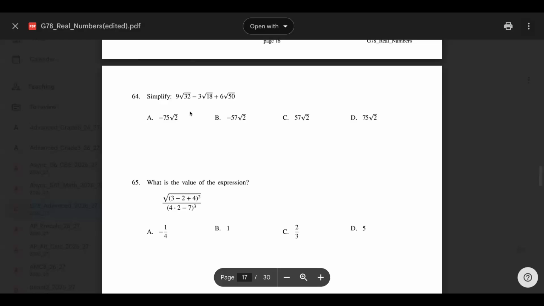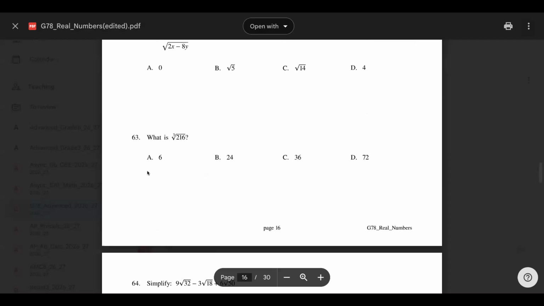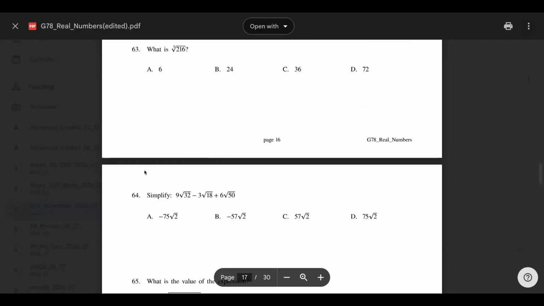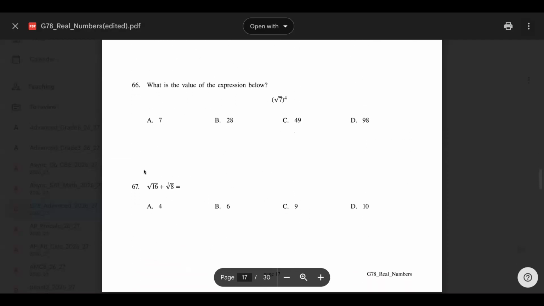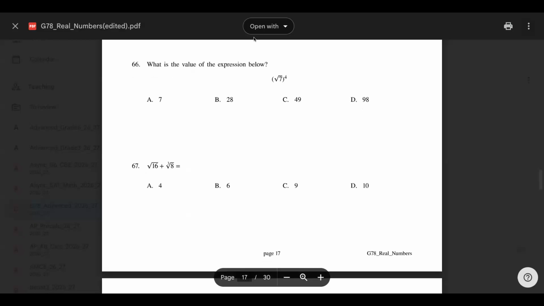I don't think we did that last week. I didn't give that to you as homework. Working with radicals and positioning irrational numbers, I didn't do. Okay, so what is the answer for 67?